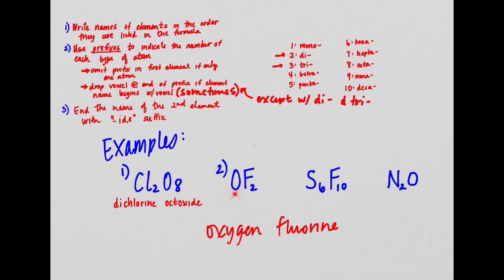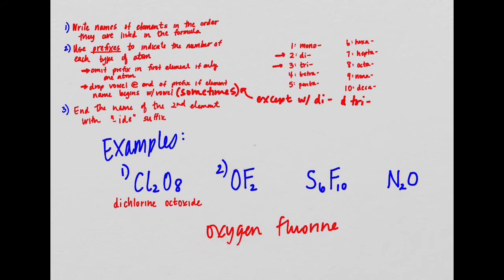So here we do not write monooxygen. We're never going to write monooxygen if it's the first element. If it's the second element, like we're going to see down here, we're going to write mono. But when we have only one of the very first element, we just write that element's name.